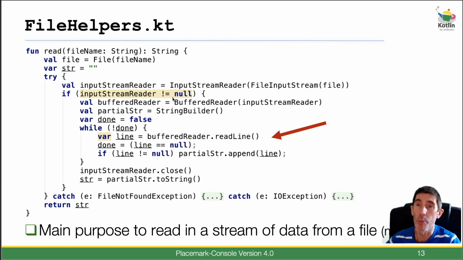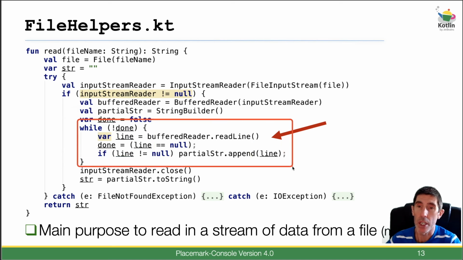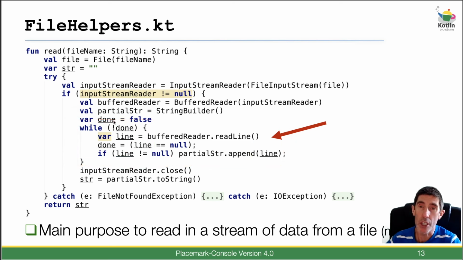We then use our buffer reader, which is attached to that input stream reader. What we're doing is using a string builder to build up that whole string that we're reading in from the file, and we have a simple while loop going on in here. So we initially set done to false, so while not done, through that buffer reader we read in one line at a time. That's the way this works.